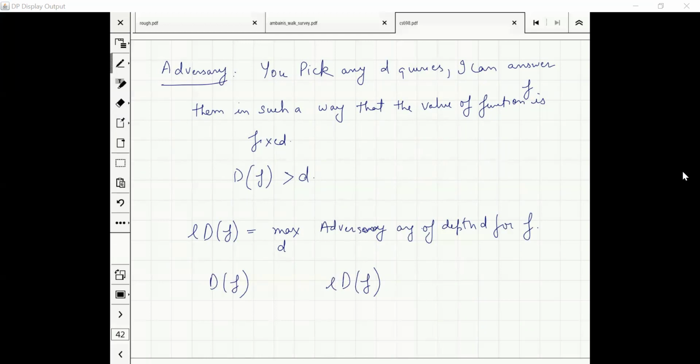D of F is greater than or equal to LD of F. Very good. Because if I can construct an adversary argument for any D, it is a lower bound on the decision tree depth, so it is smaller than D of F. And even if I take the maximum of all the lower bounds, it will still remain a lower bound. It turns out that this is actually equal, with just plus 1. That means with adversary argument, you can give the best lower bound.